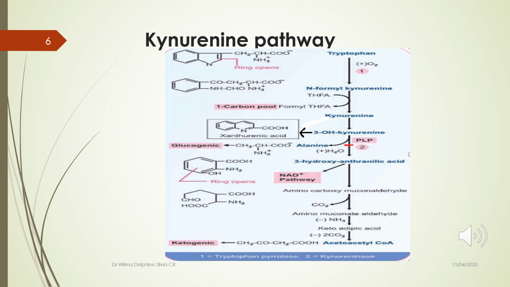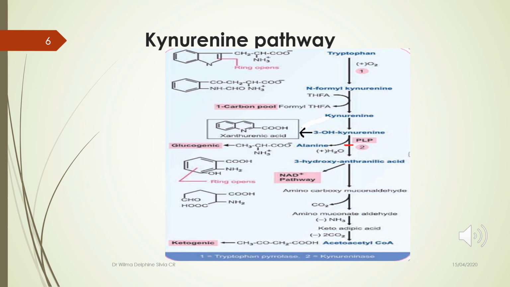In the next step, the 3-hydroxyanthranilate can undergo two types of reaction. When it undergoes decarboxylation, it results in NAD+ and NADP+ synthesis. Or it can undergo a series of reactions in which the ring is first opened by oxidation to form acroleyl 3-aminofumarate, and further reactions by removal of ammonium ion and carbon dioxide lead to synthesis of alpha ketoadipate.